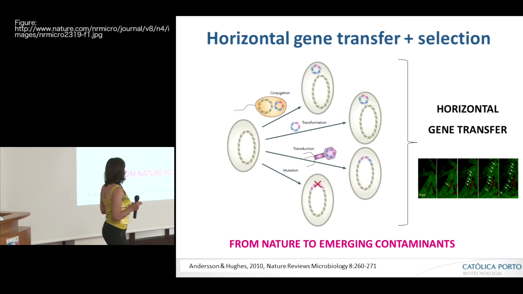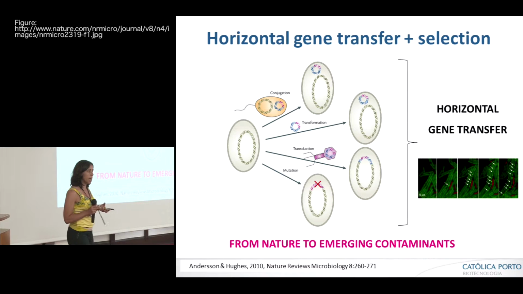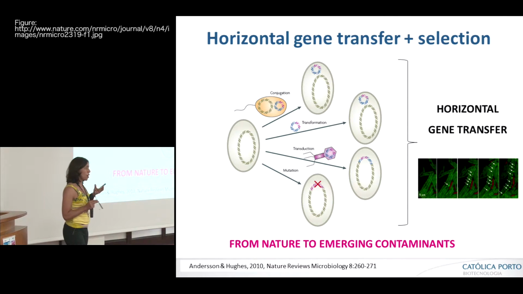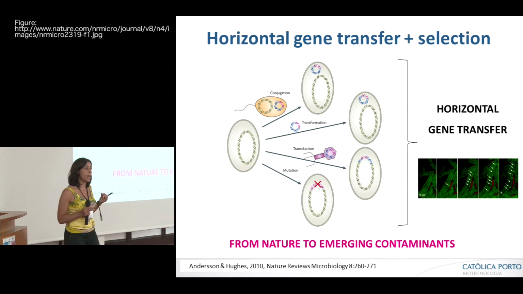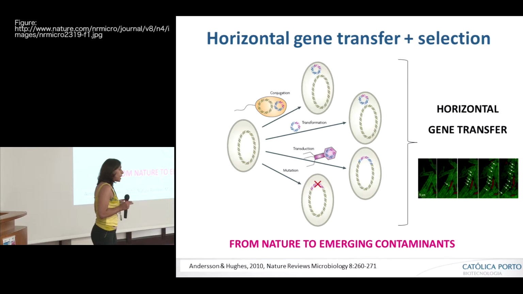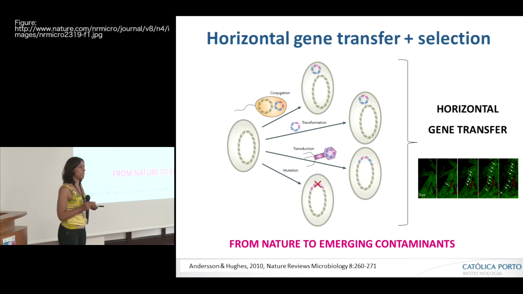For this reason, antibiotic-resistant bacteria and antibiotic resistance genes can nowadays be considered contaminants of emerging concern. But they are a special type of contaminant, because they can auto-replicate and auto-proliferate in the environment.